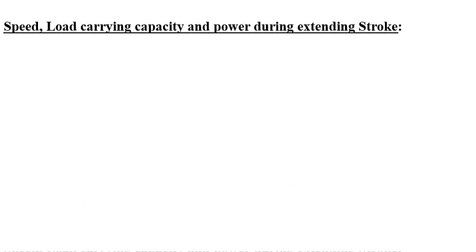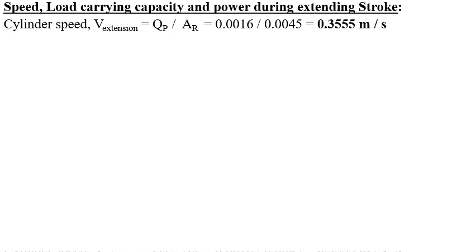Now we'll move on to speed, load carrying capacity and power during extending stroke. We already known about the formulas. Cylinder speed during extension, V extension equal to pump flow rate dividing by rod area, that is 0.0016 dividing by 0.0045.